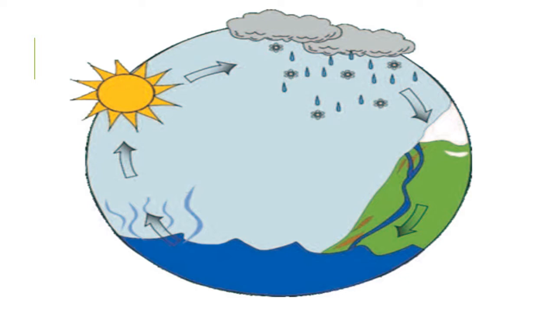Water is getting evaporated by the heat of the sun. After condensing, it forms clouds, and after that, as rain, it falls. That rainfall is absorbed by nature like trees and plants, and again it goes back to the water sources. This is the water cycle.